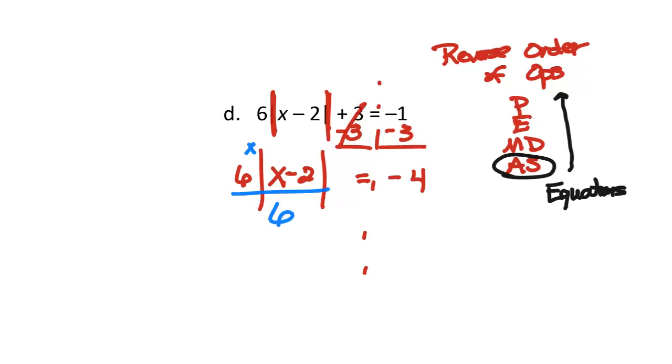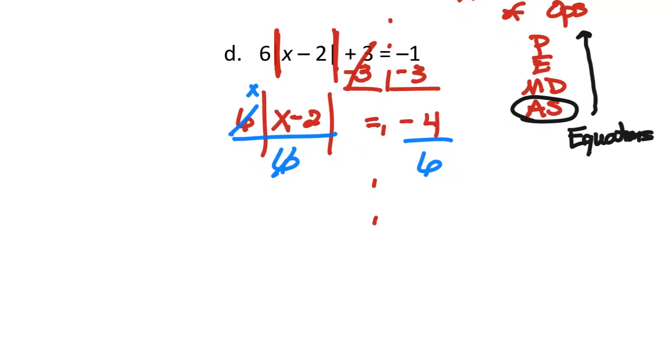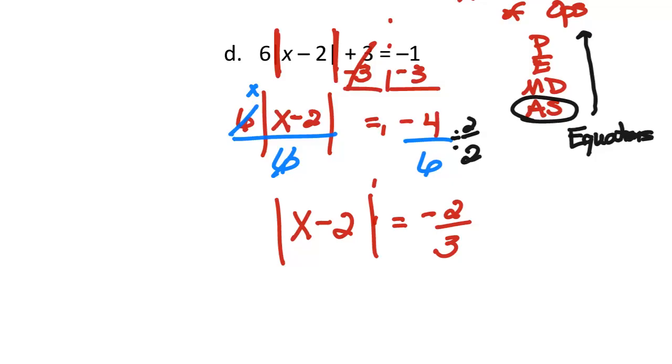So I need to divide by 6 here, and I need to divide by 6 here. The 6's simplify out, and I have the absolute value of x minus 2 equals negative 4 over 6, but I can simplify that by dividing by 2 over 2, and I would get negative 2 thirds.